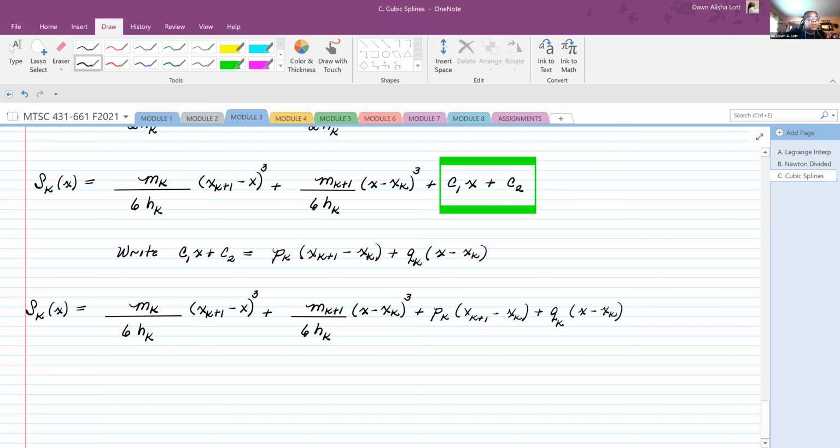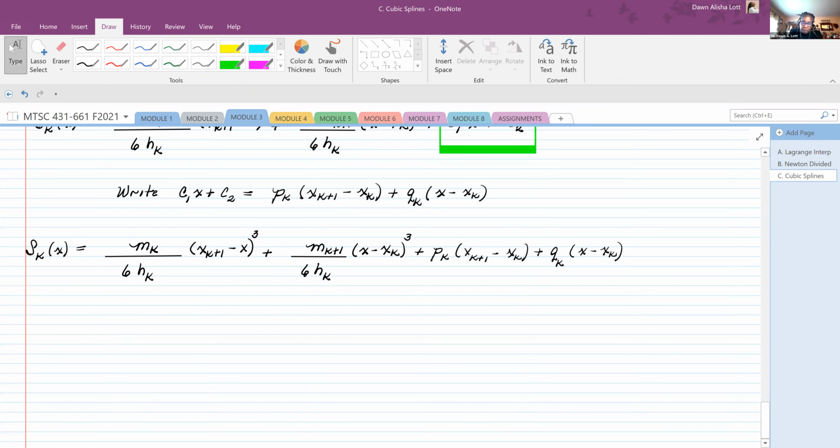Okay, so now I know what my kth cubic spline looks like.